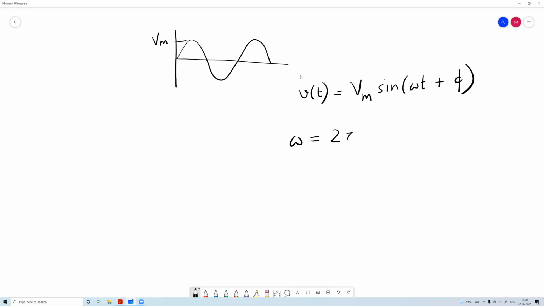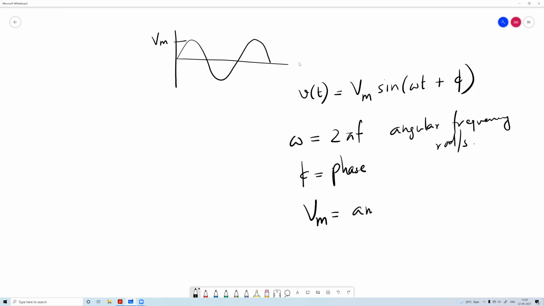Omega equal to 2 pi f is called the angular frequency, whose units are radians per second. Phi is the phase, and Vm is the amplitude. Obviously, the maximum value a sine or a cos function can take is 1. So the maximum possible value of v(t) is Vm, right?